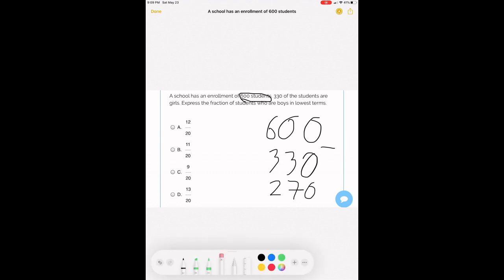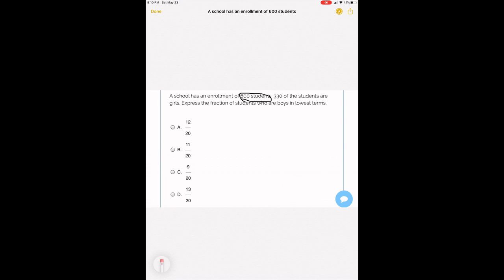Got it? We gotta express those boys in the lowest terms. So what we gotta do is bring 270, the number of boys in this school, and then put the denominator of the students in this school, which is going to be 600 for sure.